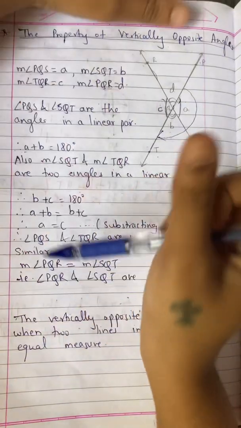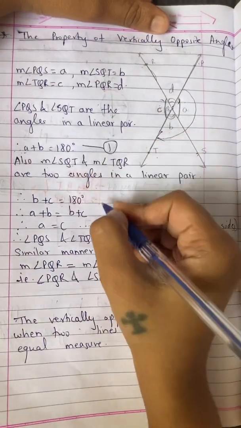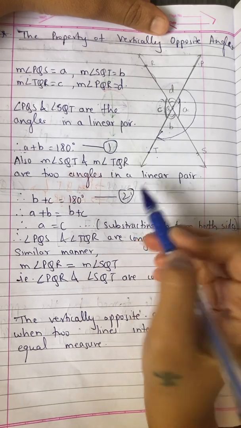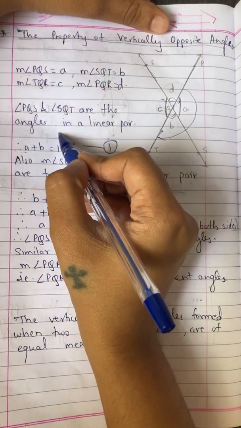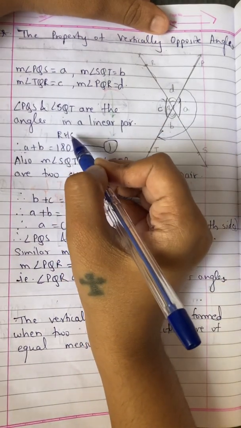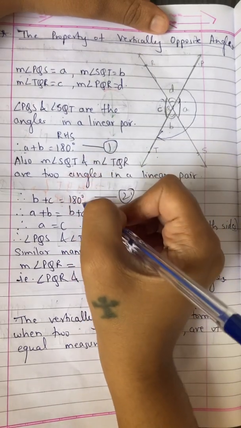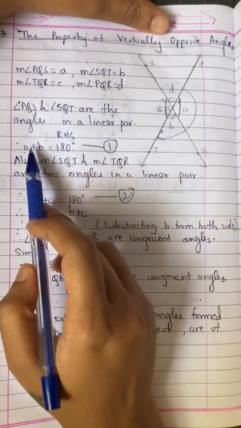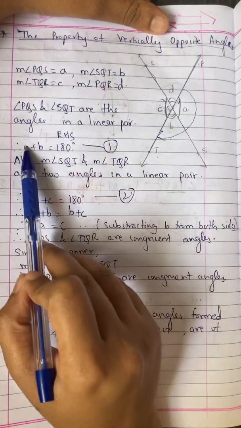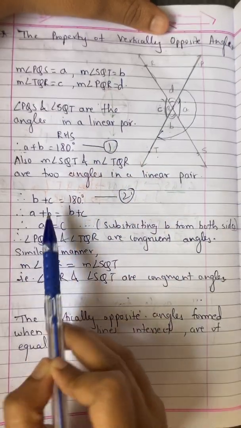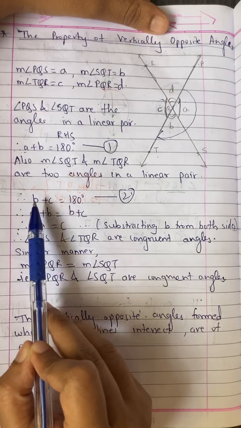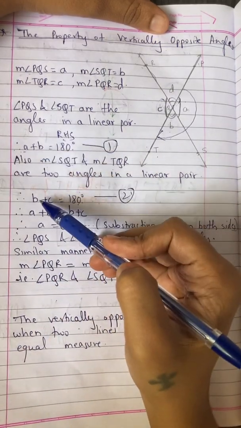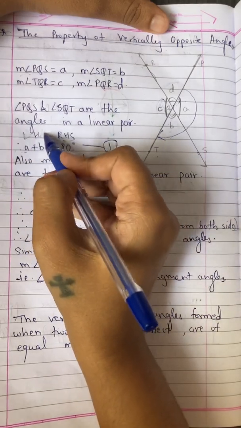Let us call this equation number 1 and this equation number 2. From 1 and 2, what do we observe? The RHS, whatever is there, is equal to 180, so the RHS will be equal. The RHS of equation 1 is A plus B, and the RHS of equation 2 is B plus C. Since 180 is equal, the LHS will also become equal.